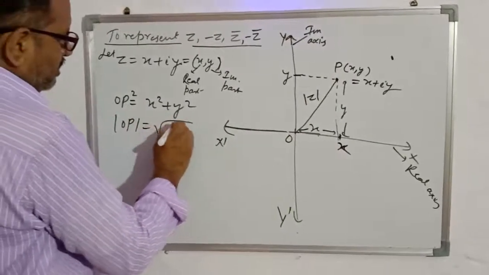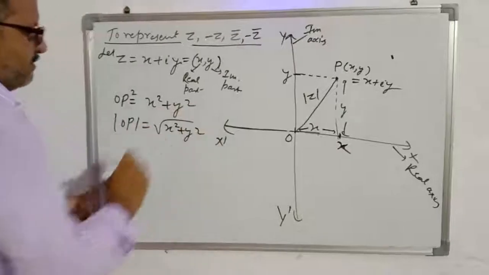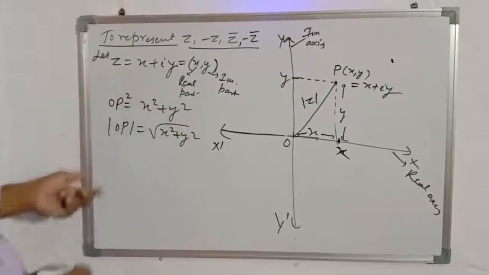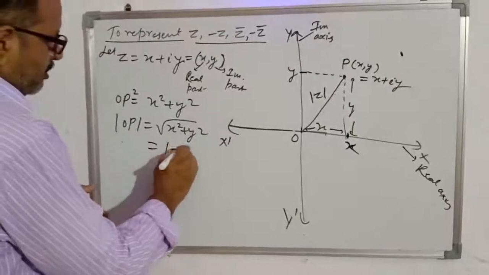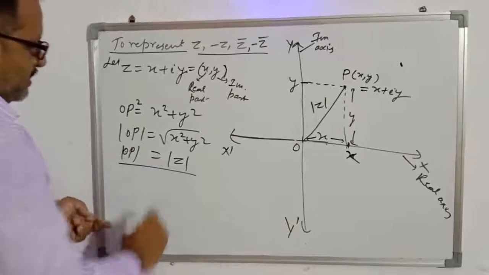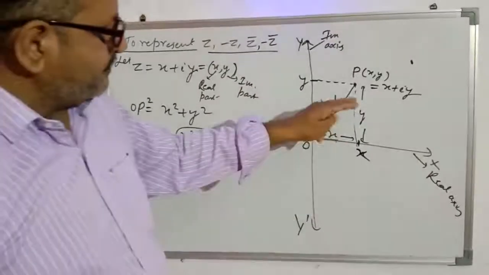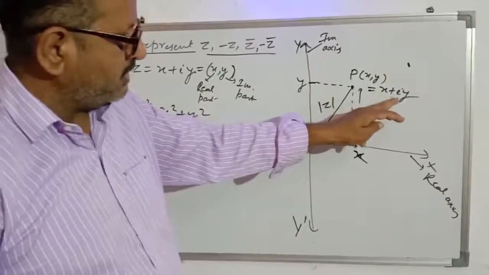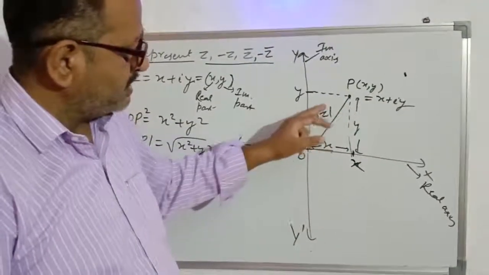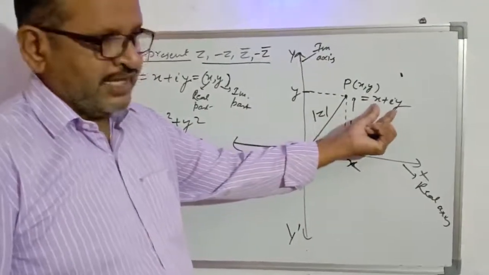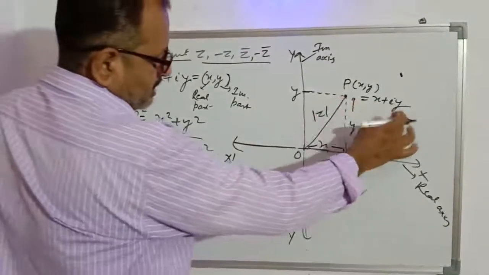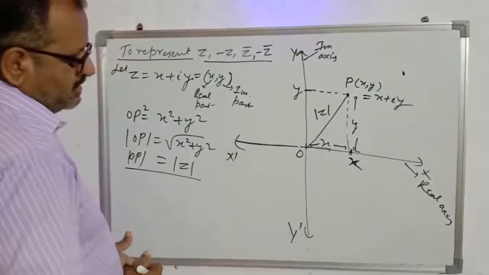Square root of x squared plus y squared. And the square root of x squared plus y squared is what? Mod of z. So point P represents the corresponding complex number x plus iy. Then OP will represent the modulus of x plus iy.